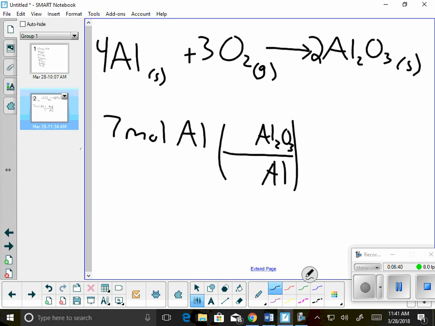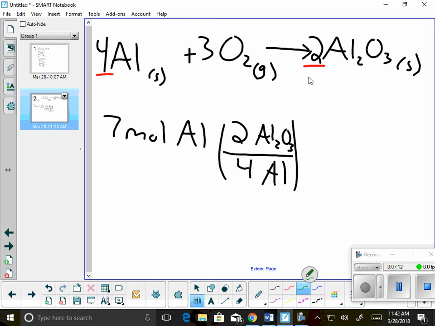A balanced equation allows us to convert from one thing in a reaction to another thing in a reaction. So if I know how much I want to produce, I can figure out how much I need to start with. If I know how much I started with, I can figure out how much I can produce, or any combination. In this conversion, however, we need to include the 2:4 ratio from the balanced equation. That's where I get that 2 and 4 from, is from my balanced equation.